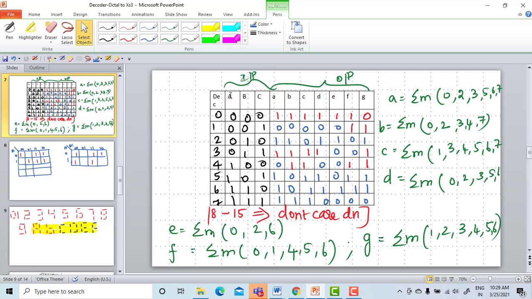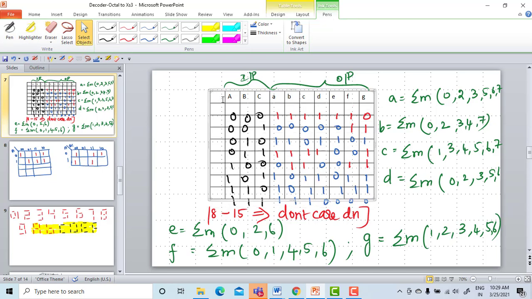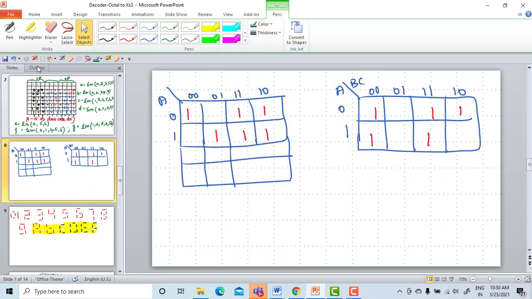I'll be having one more variable here. Instead of A, B, C, D, let me write it as Y, variable Y. So this will be 0 for all, because it's an octal, everything will be 0 only. For all the most significant bit of the input octal it will be 0.